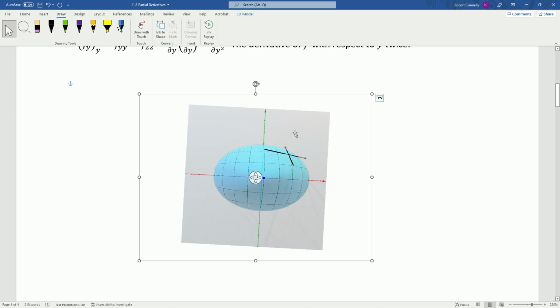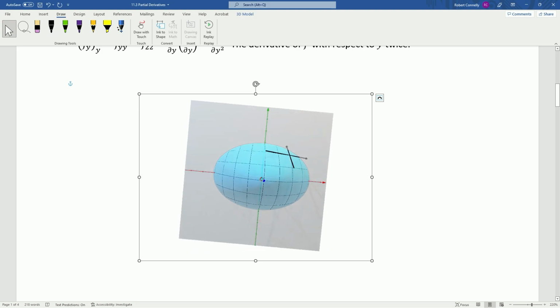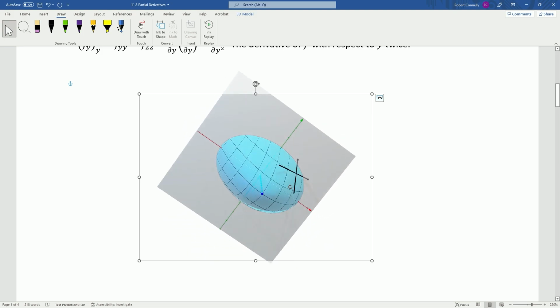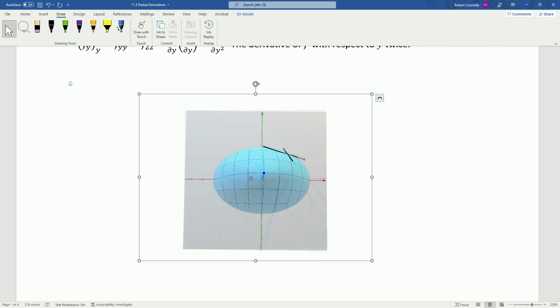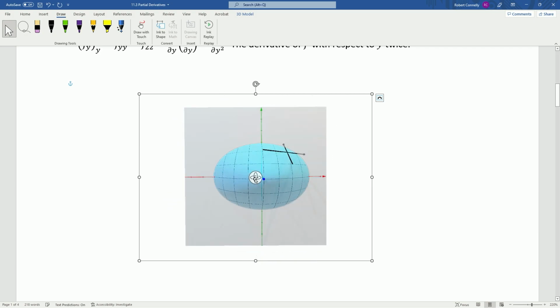Well, I should say the vector associated with that partial derivative, and the one headed in the x direction is the vector associated with that partial derivative. So the partial derivatives themselves are just going to be the directions that the vectors are headed in, right? Just like the first derivative of a line in 2D is just the slope.